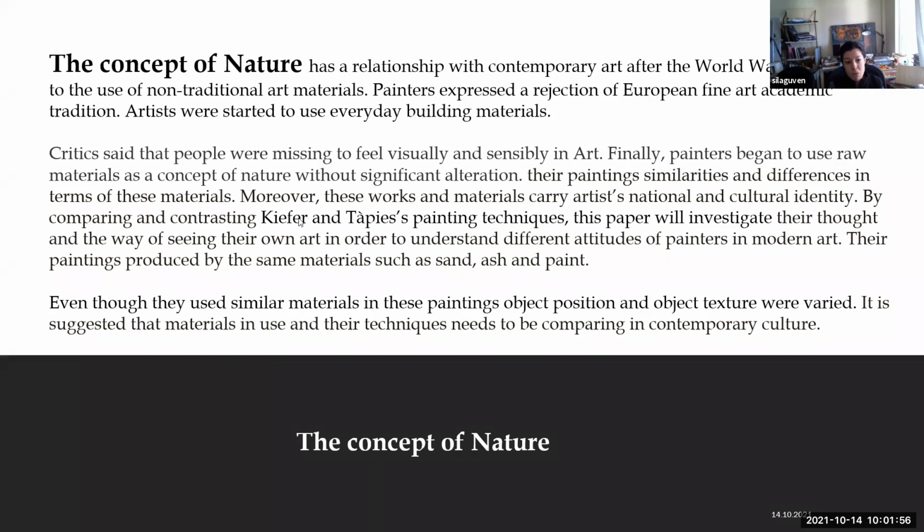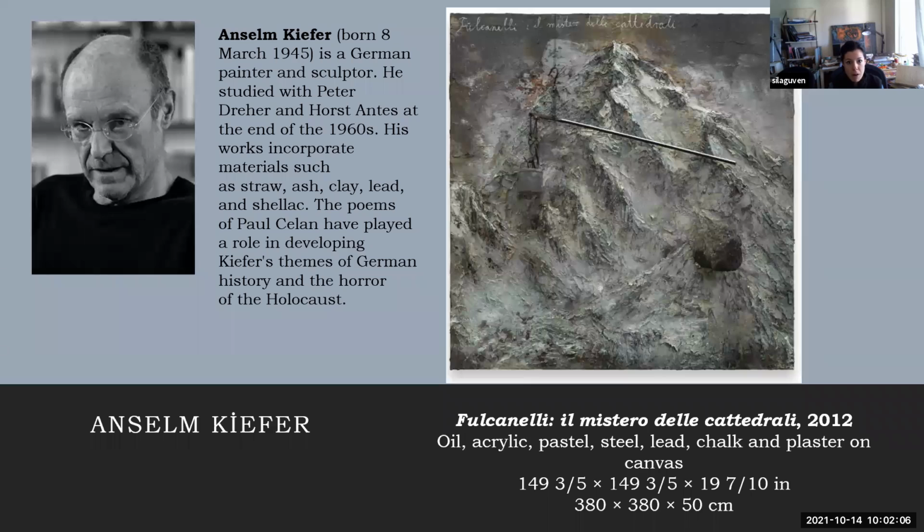So I talk about Kiefer and Tapies paintings because they are all similar paintings, but they are making in different ways. And this is one of, everybody knows Anselm Kiefer. So he's making about the Holocaust.